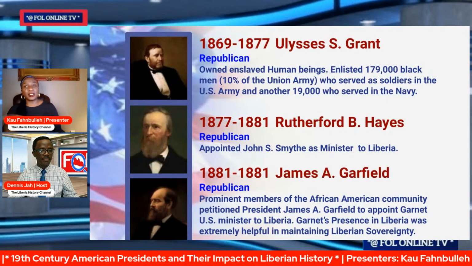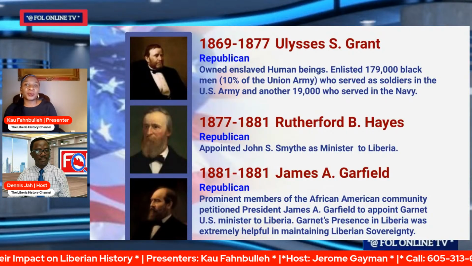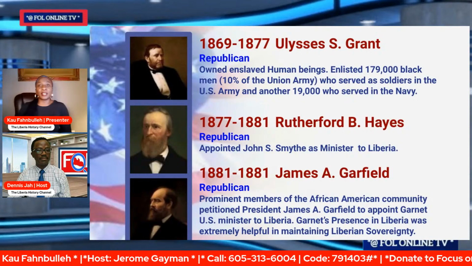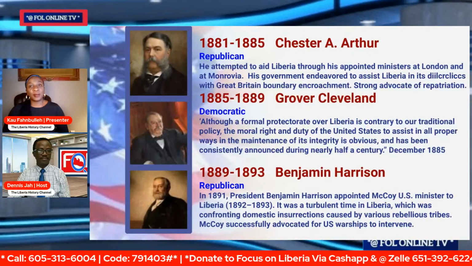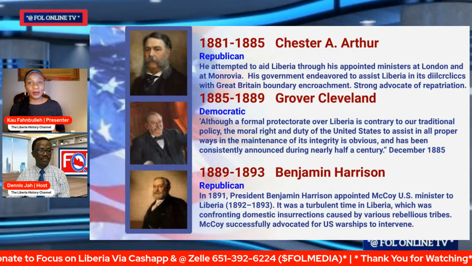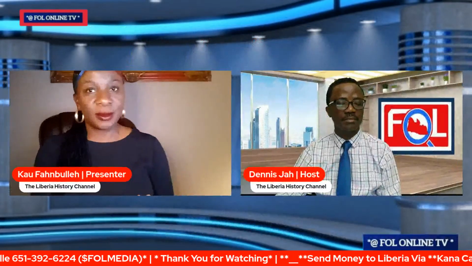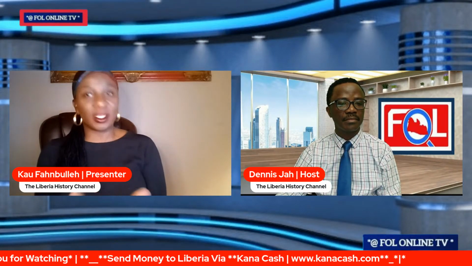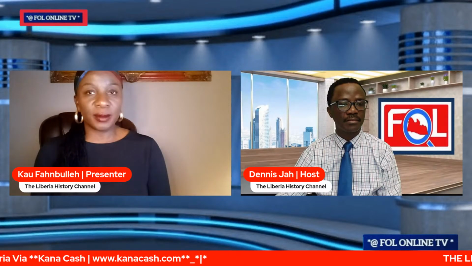So the only reason Garfield is important to Liberia is because he was able to appoint this ambassador who was very active and vocal about the British sabotage against the Black Republic, against Black sovereignty, really. What I want to remind everyone is that at this point in history, the only option for Black sovereignty was Liberia. The traditional African sovereignty was no longer an option for us, except for those who existed within the Liberian territory.